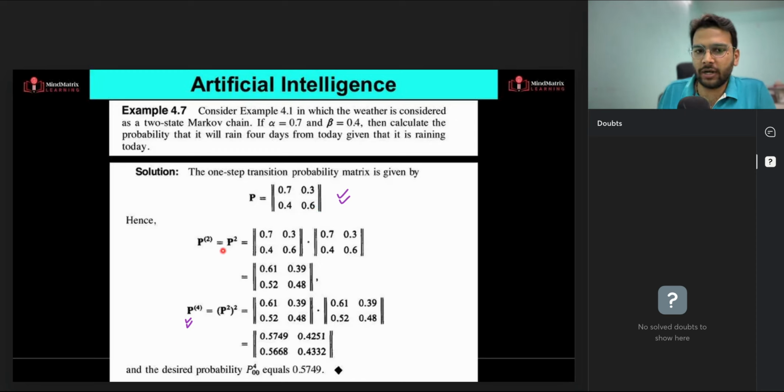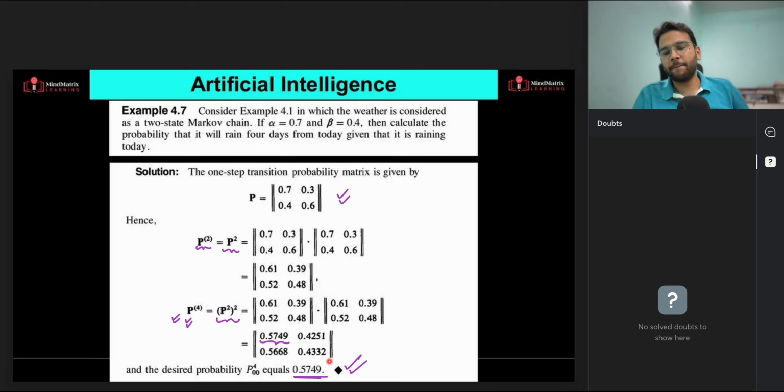First you will calculate P square, which is P of ij after 2 days. Then you calculate the next power.